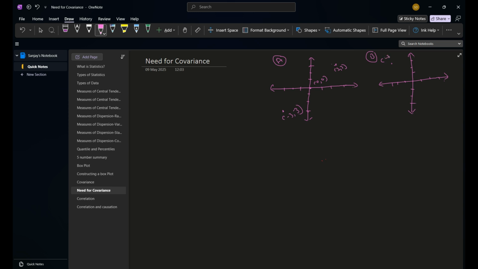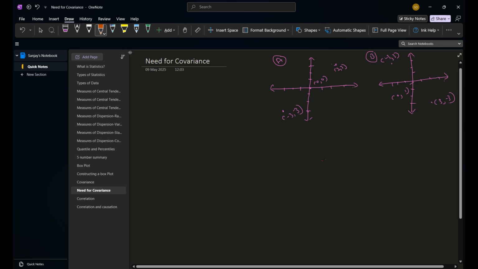So these coordinates are -3 and 3. Here it's 0 and 0. Here it's 3 and -3. So by looking at the data sets themselves, we can say that the data sets vary in their distribution and in their nature also.